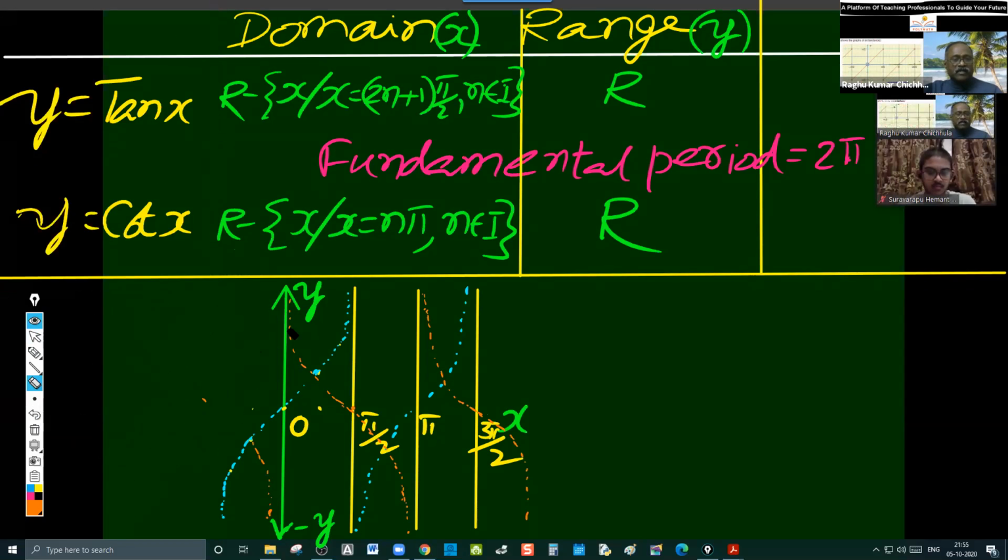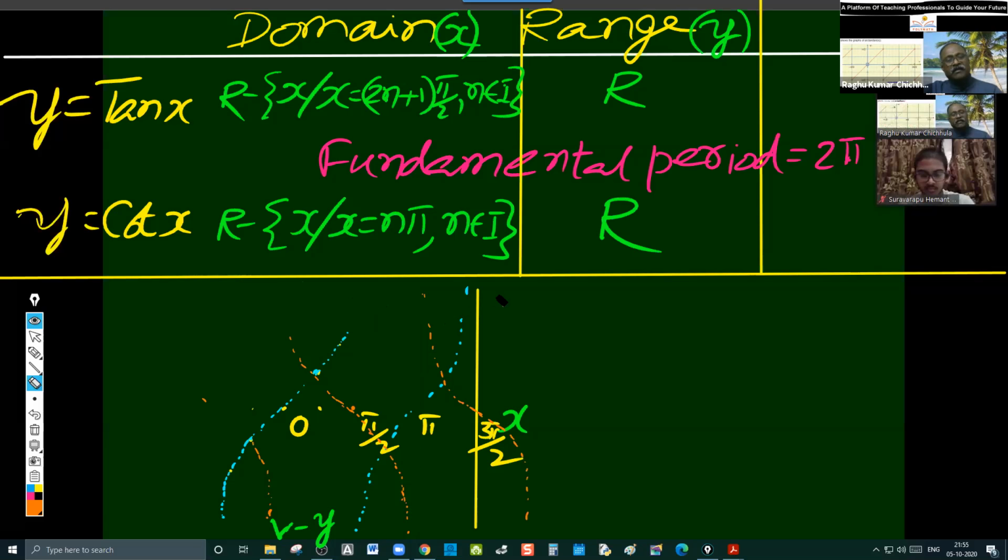Now, if you understand my explanation in finding the domain of tan x, you can say the domain of secant x very easily.